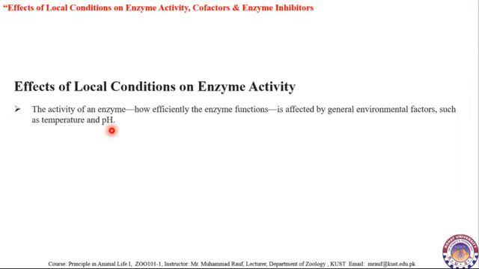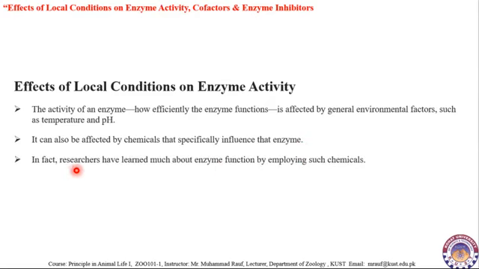Obviously, enzymes function inside a living system, so these environmental factors, that is temperature and pH, refer to the environment inside the living system. It can also be affected by chemicals that specifically influence that enzyme. So enzymes are not only under the effect of temperature and pH, but also chemicals.